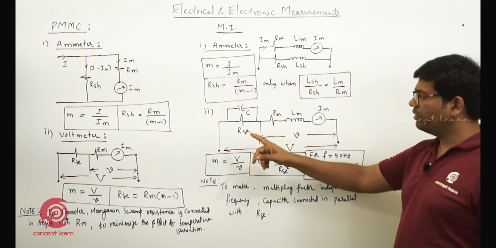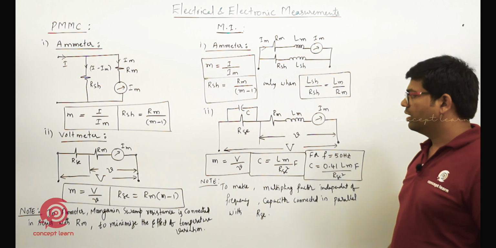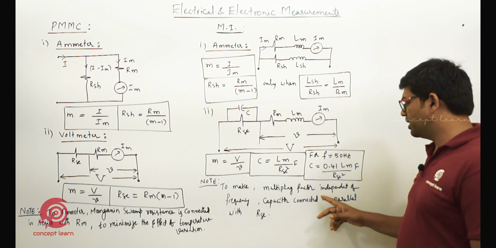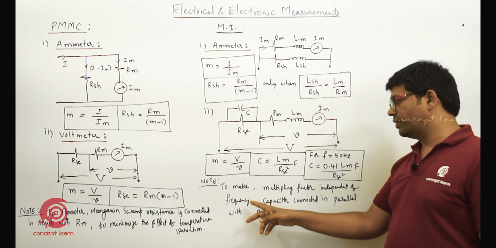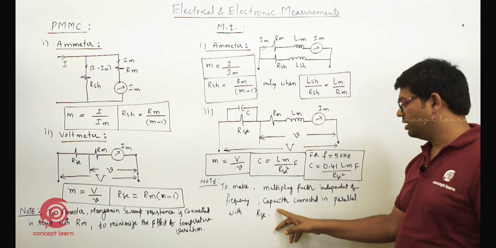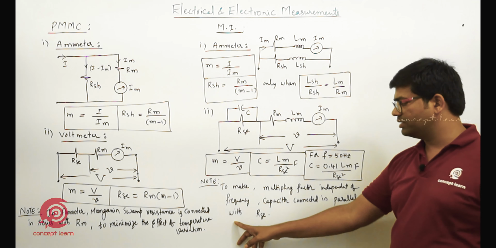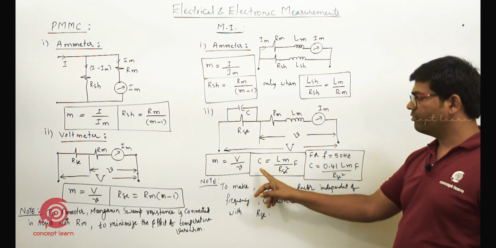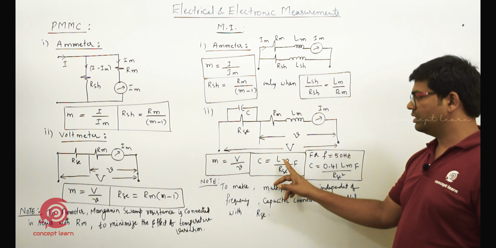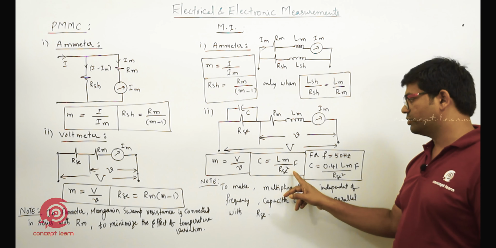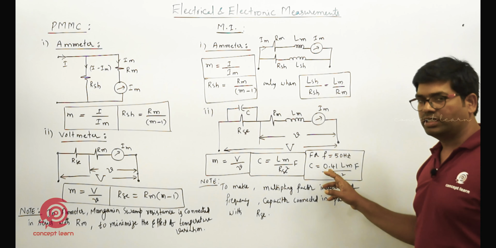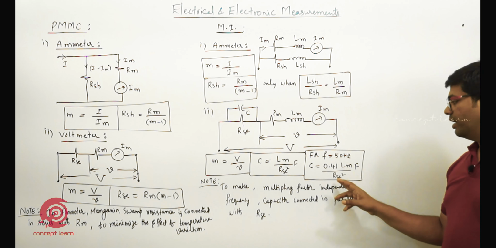Now when we go with the voltmeter, how do we compensate for frequency? To make the multiplying factor or the reading independent of frequency, a capacitor is connected in parallel with a series resistance. What will be the value? In general, it is Lm by Rac square. But if you use a specific frequency, there is a change: 0.41 Lm by Rac square.